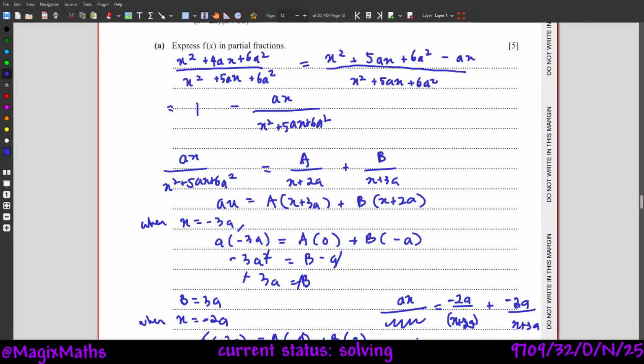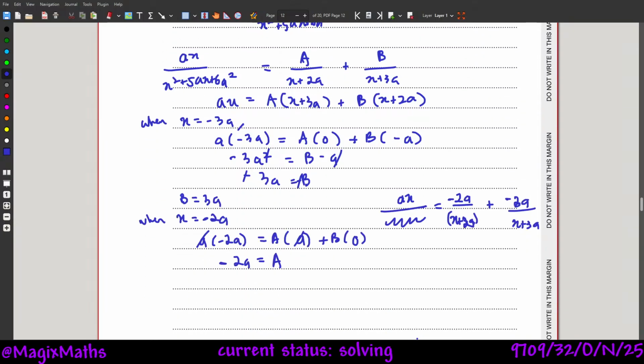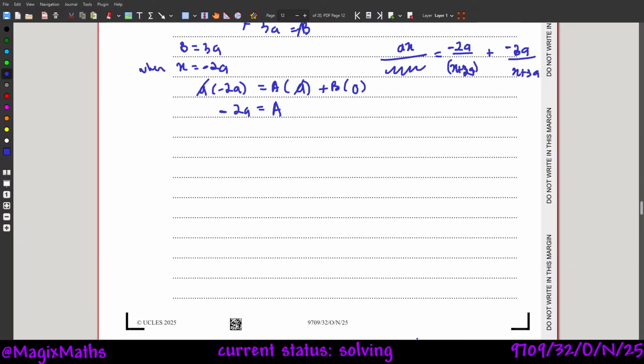Then substitute that back into the original equation. So we have fx equals 1 minus this thing. Since it's minus, this is positive, and this is positive. So instead, it'll be plus 2a over x plus 2a, and plus 3a over x plus 3a.